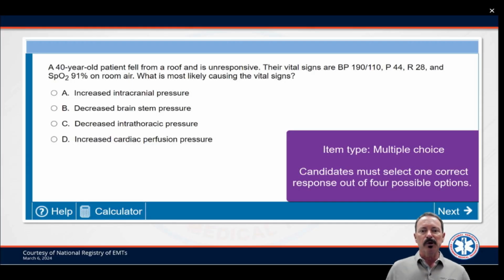So what is most likely causing the vital signs? Well, if you know your signs and symptoms, then you'll know that this is increased intracranial pressure. So there's all 4 answers there, and I just answered it in my head. So I now want to go pick that answer, and it's A, increased intracranial pressure.